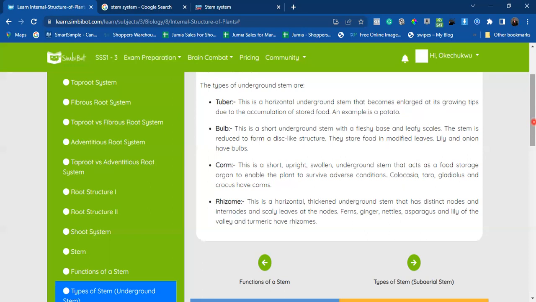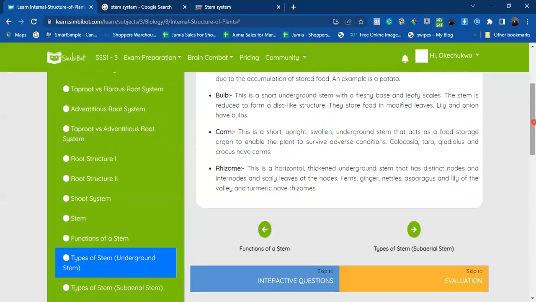Then we have the bulb. Example of bulb, we have onion. Corm. Examples of the corm, we have banana and plantain. Colocasia is cocoyam. Then we have the rhizomes, ginger and turmeric.